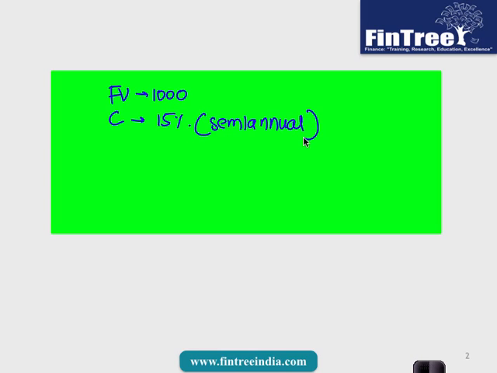Semi-annual means coupon would be paid twice a year. Maturity, let us say, is 2 years, and YTM is 14%. Calculate value of the bond.